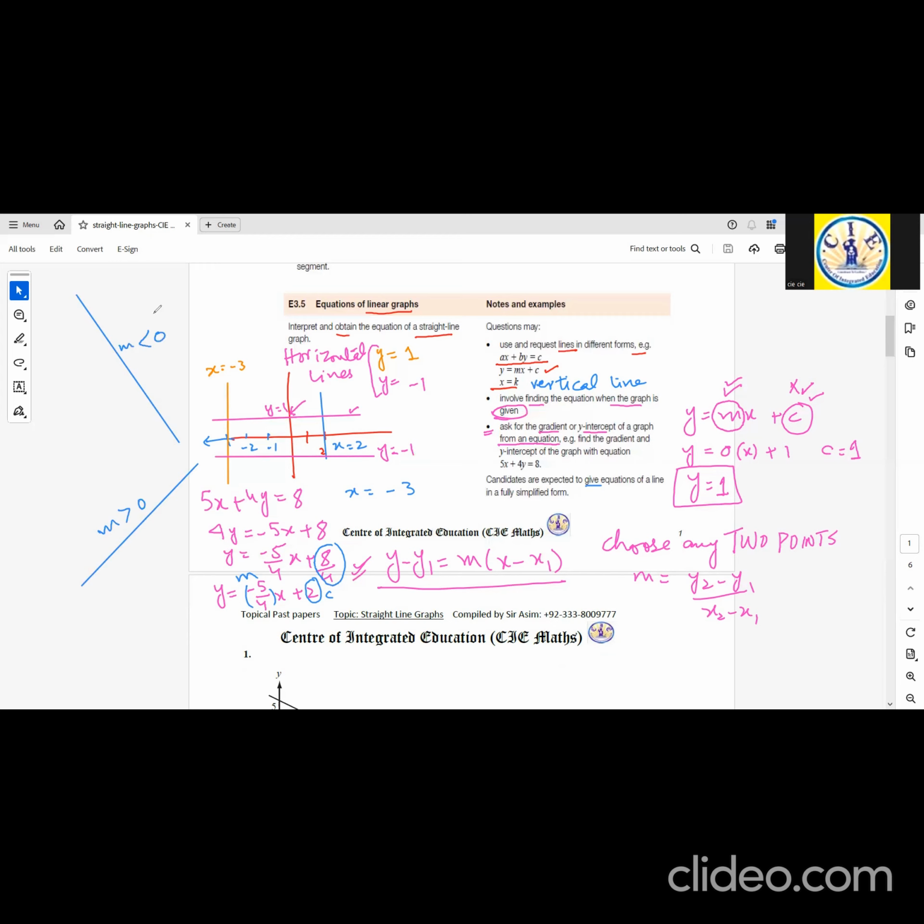In both cases, you need to choose 2 points, one on the left, which is called the first point, and the second one on the right side, which is the second point. So when the height decreases from left to right, the line is sloping downwards and has a negative gradient. And when the line is sloping upwards from left to right, the gradient is positive.